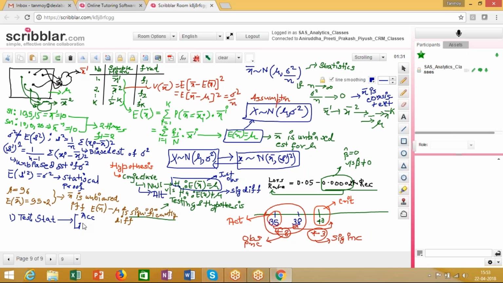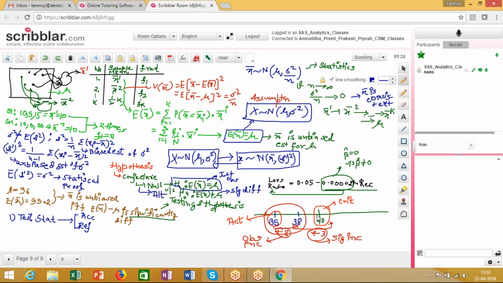So over here, this mark that I obtained is the actual test statistic, and it is this critical value which is enabling the test statistic to divide the region into an acceptance and a rejection part, right?